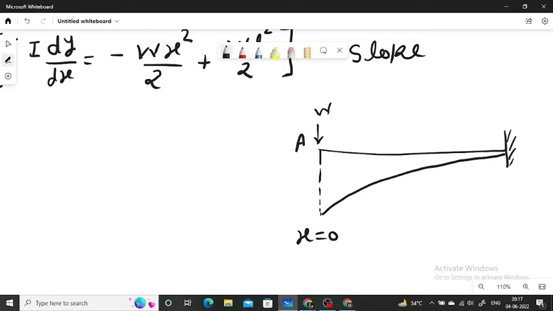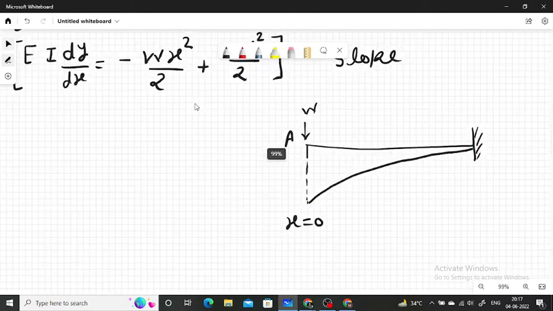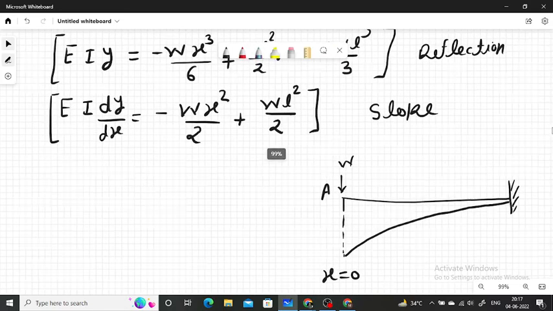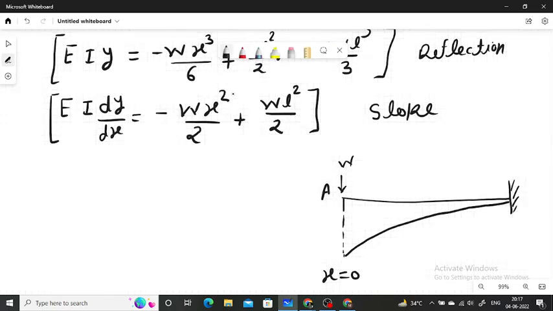Slope is also maximum at the point A. If we draw a tangent at this point, slope is also maximum at the free end.